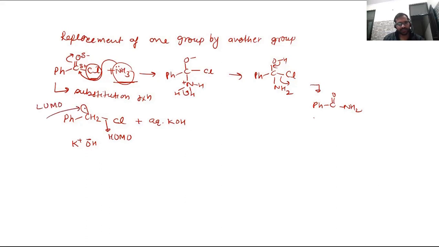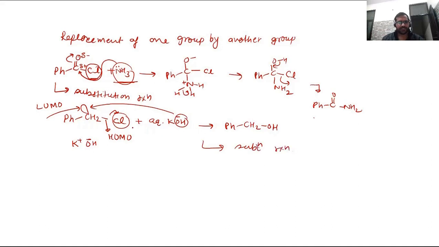This orbital is electron deficient, a vacant orbital, so the OH- will attack this orbital, and this C-Cl bond will cleave out, and we will get PhCH2OH. This will be our final product. So from here we can again see that the Cl group is replaced by the OH group. That is why it is also an example of a substitution reaction.